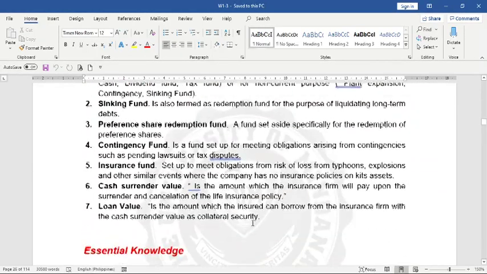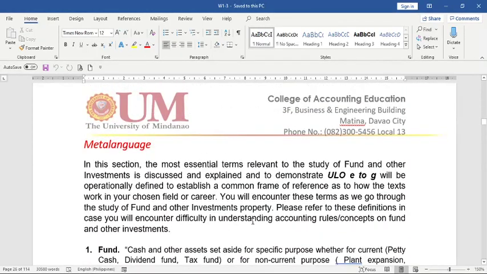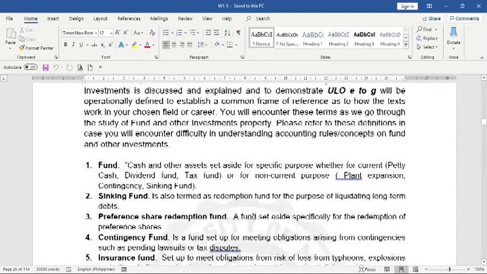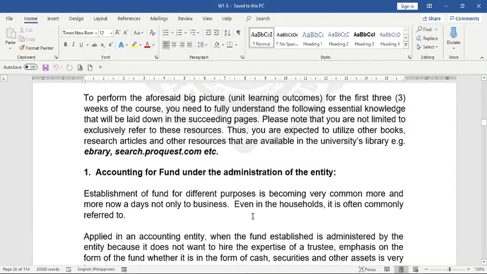Okay? So as usual, your module or your SIM is composed of essential knowledge. So first is why do we need funds?